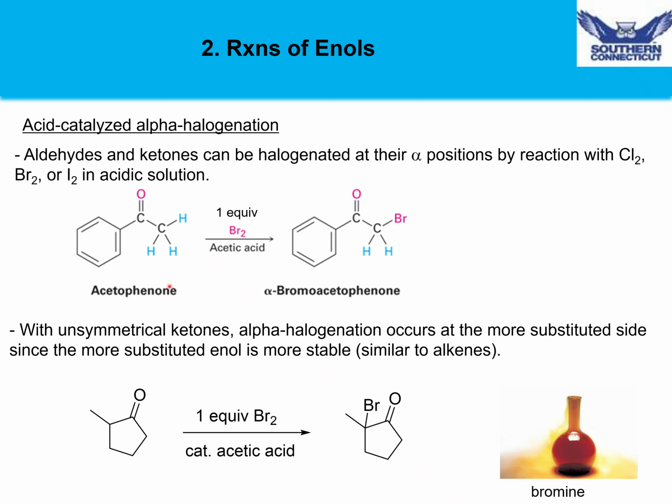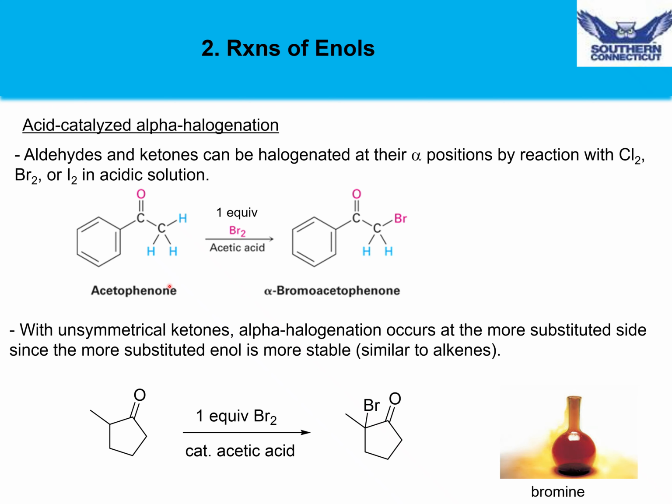If we have an unsymmetrical ketone, the alpha halogenation can occur at one of two locations, and generally, we will get the substitution at the more substituted side of the ketone, since that is where the more substituted enol will form, and more substituted enols are generally more stable than less substituted enols.